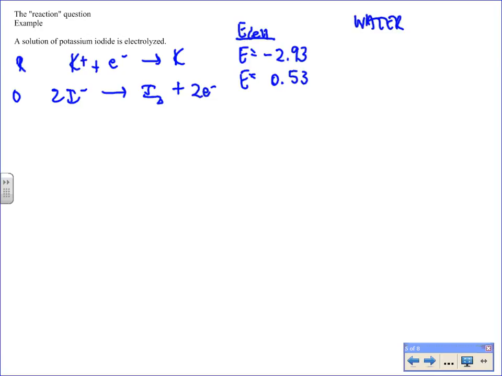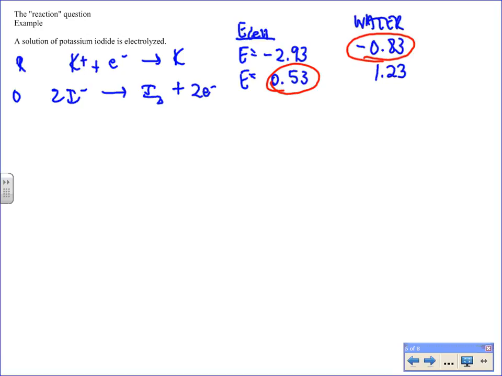Compared to water, for water the reduction is negative 0.83, and for water the oxidation is 0.23. So our choices in reductions, we want to choose the highest value. Okay, our choices in oxidation, we want to choose the lowest value. Okay, so that will give you the lowest external voltage.